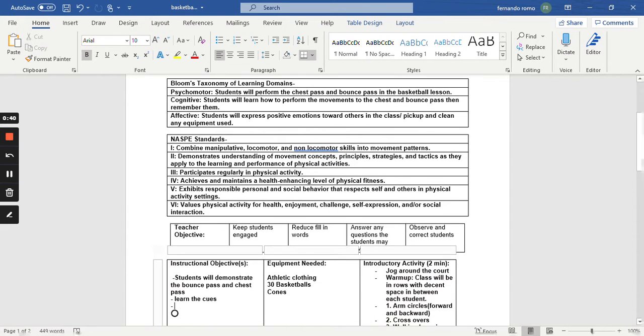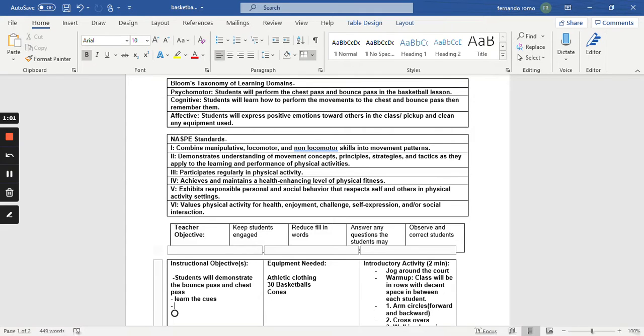The standards combine manipulative, locomotor, and non-locomotor skills into movement patterns. 2. Demonstrates understanding of movement concepts, principles, strategies, and tactics as they apply to the learning and performance of physical activities. 3.